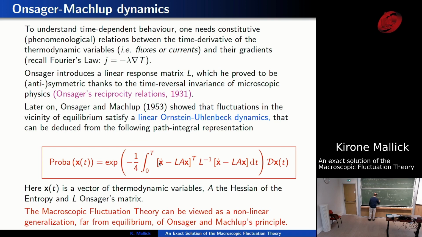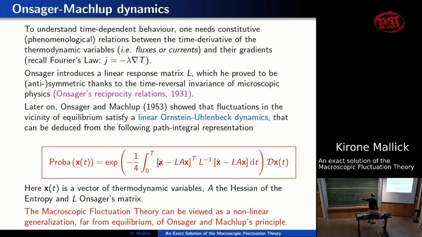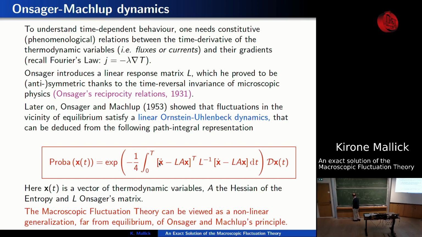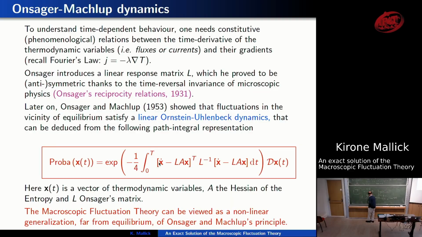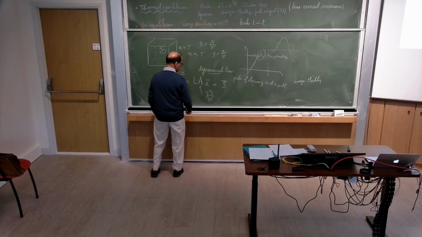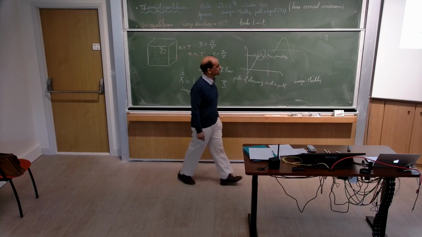If you write the path integral associated with this Langevin equation, you will get that one. And R is the Hessian of the entropy from Einstein's point of view, and this is the Onsager matrix that satisfies the reciprocity law.